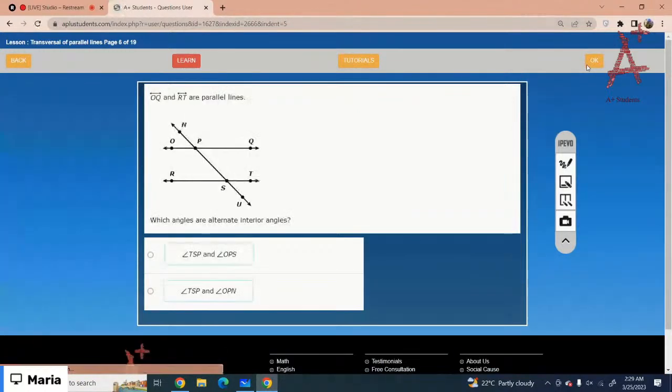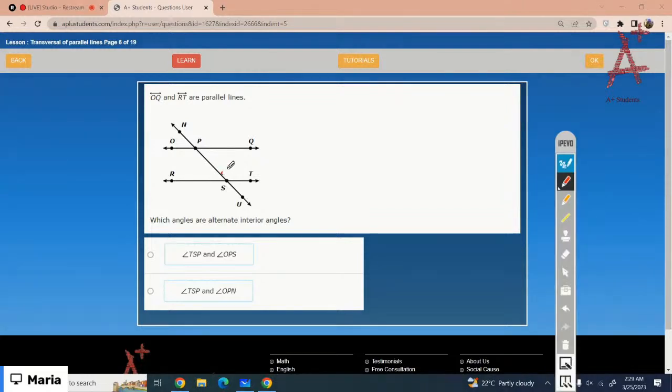Okay, the next one is OQ and RD are parallel. What are the angles that are alternate interior angles? Okay, alternate interior angles. TSP, this one, and this one. These are the two angles that are alternate interior angles.